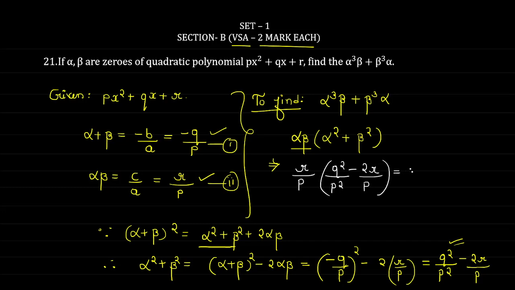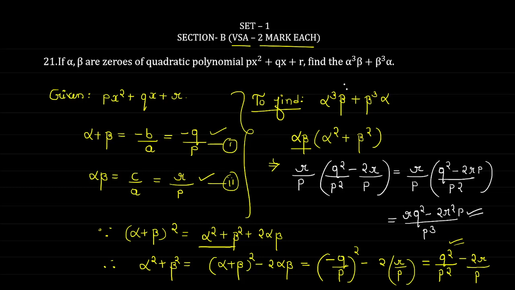Now let's further simplify this. p square can be taken as the LCM, so that will be q square minus 2rp. This can be further written as p cube, and this one will be rq square minus twice of r square p. So this is the final value of the given expression that was asked to us.